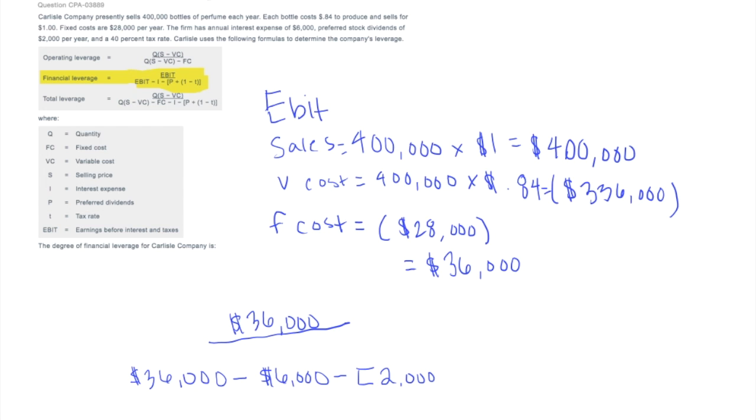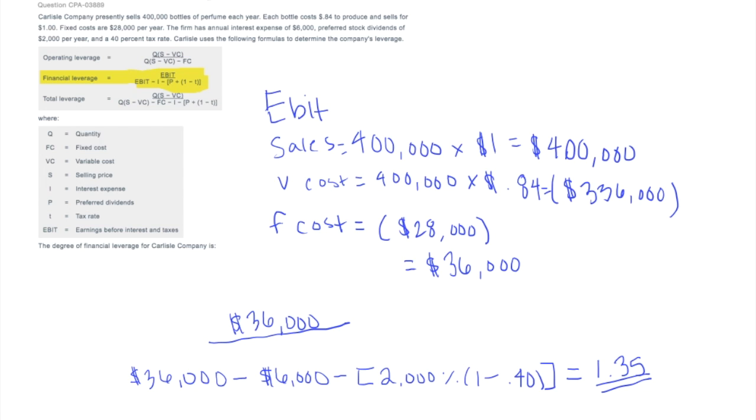And it's our preferred dividends divided by 1 minus our tax rate. So 1 minus, and if I look at the problem, our tax rate was 40%. And that gives us a grand total of 1.35. And that is our answer.